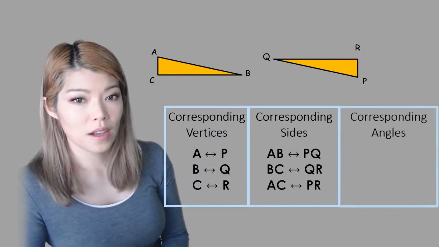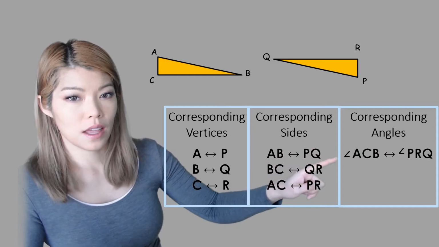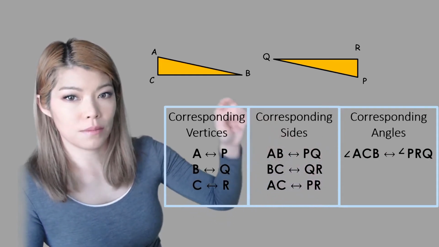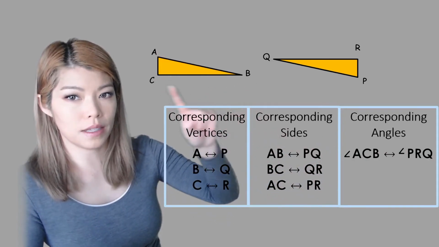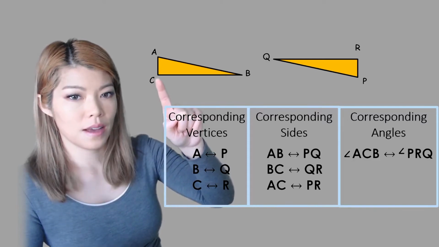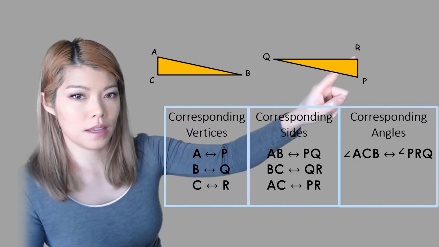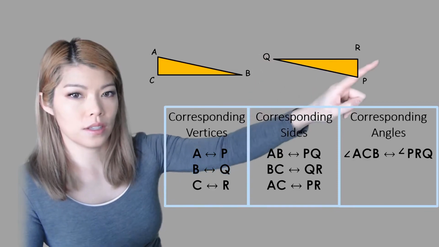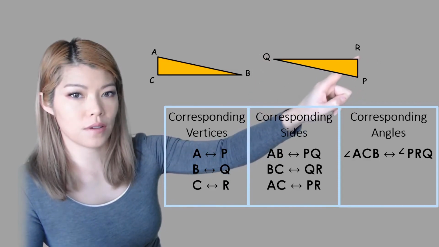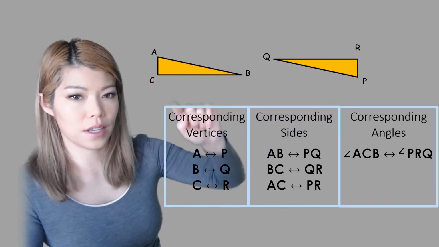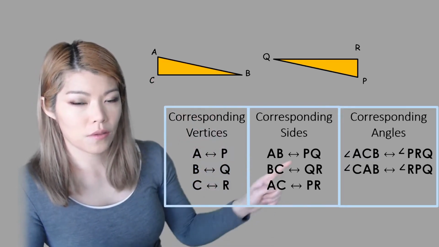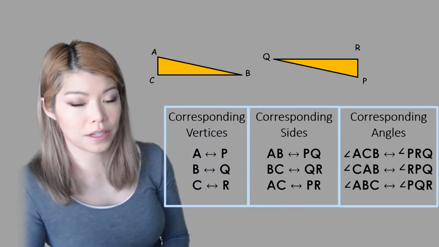And to describe angles, we have the three letters, angles ACB. So ACB means this one here, matches with PRQ. So that corner over there. So this angle here matches with this angle over here. So here we have the three sets of angles that are matching.